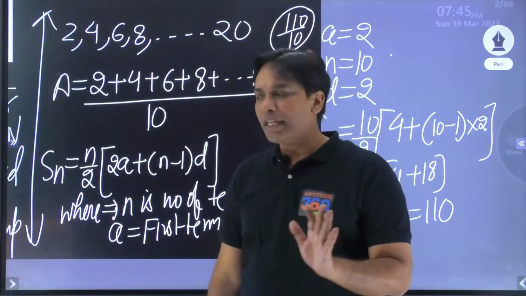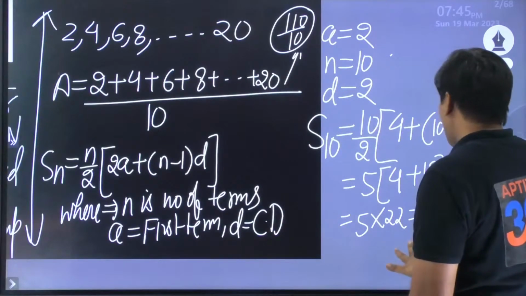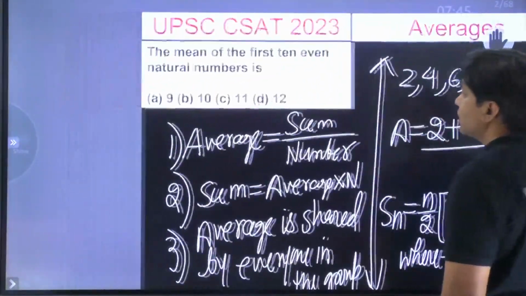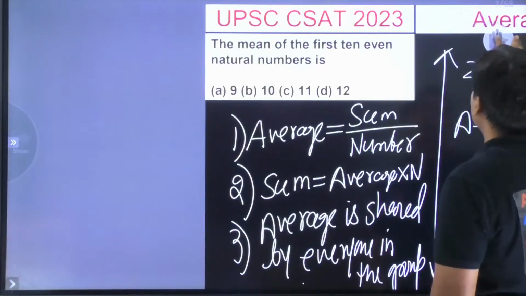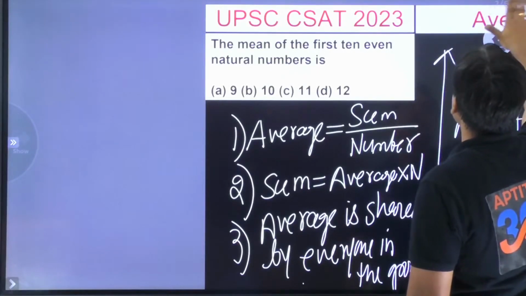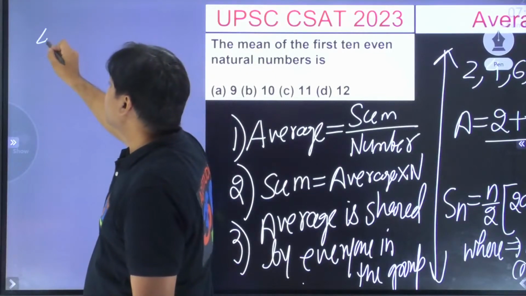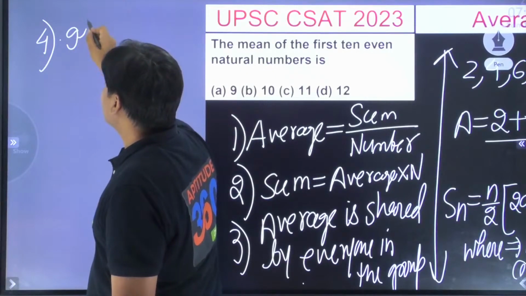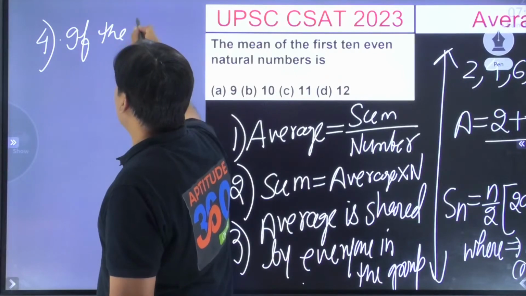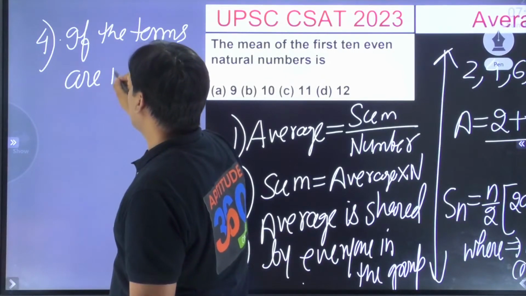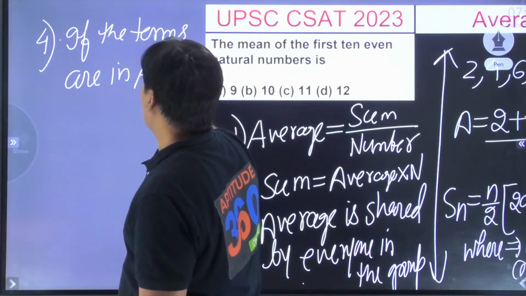You don't have to do any of this. All that you have to remember, if your terms are in arithmetic progression. So the fourth very important learning that I want you to have: if the terms are in AP, what is AP?